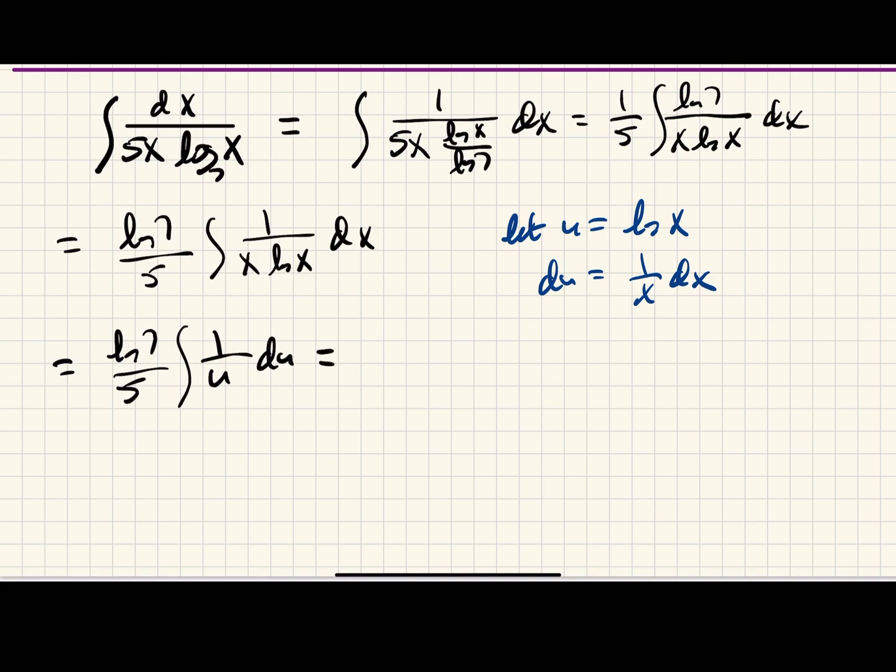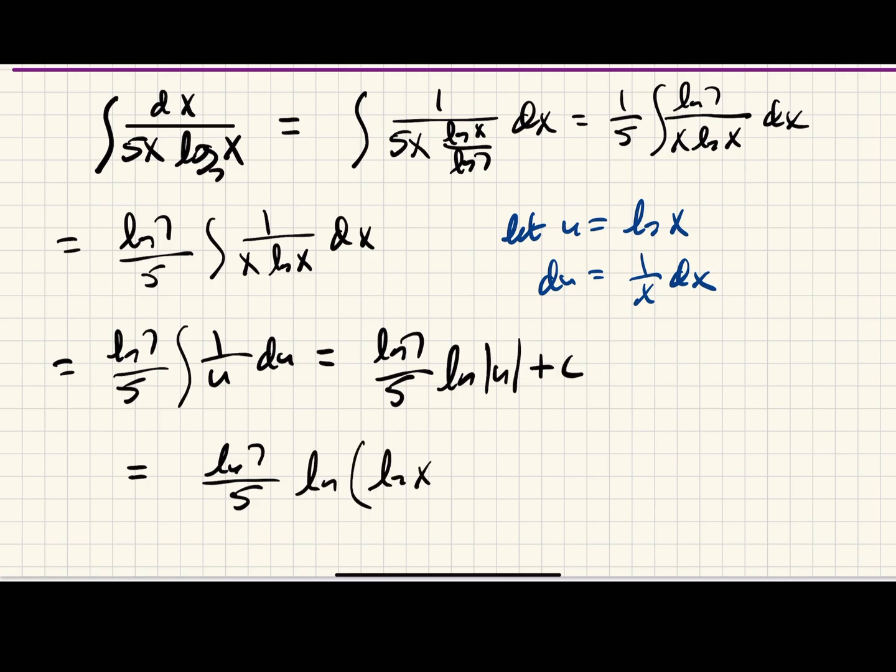So, integral 1 over u is natural log u. So I've got natural log 7 over 5, natural log absolute value of u plus c. And then, well, u is just natural log x. So what we have is natural log 7 over 5, natural log of x plus c.